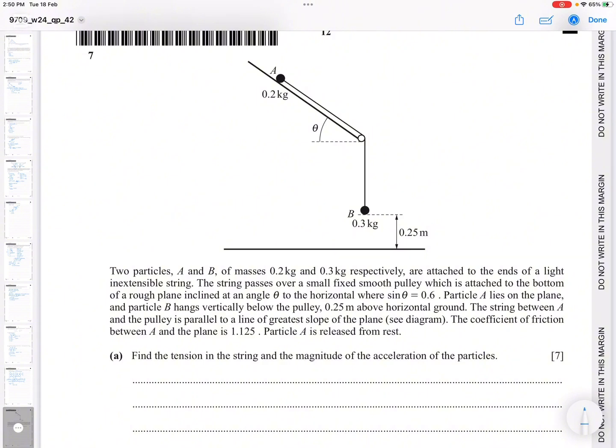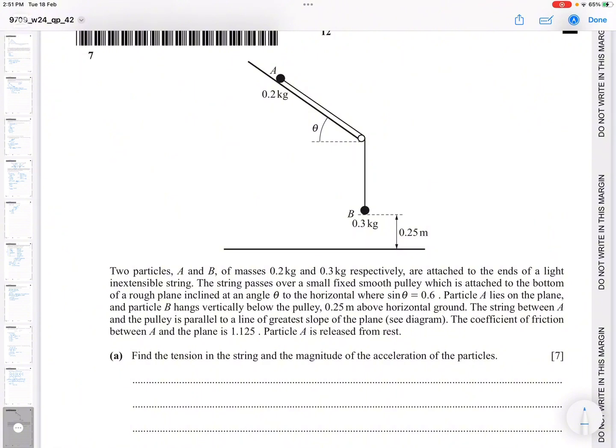Particle A lies on the plane and particle B hangs vertically below the pulley 0.25 meter above horizontal ground. String between A and the pulley is parallel to the line of greatest slope of plane. Coefficient of friction between A and the plane is 1.125. Particle is released from rest. Find the tension in the string and magnitude of the acceleration of the particle.